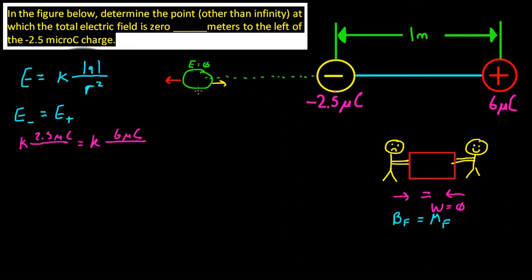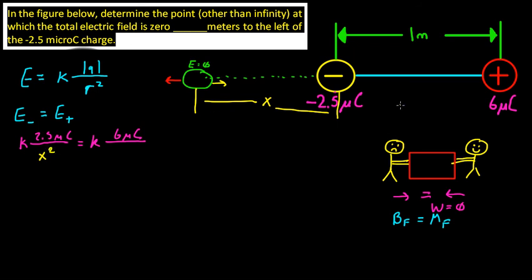Let's imagine this imaginary point, somewhere to the left of this 2.5 charge. We're going to call the distance x because we don't know what it is. So we're going to put x, and remember, because of this formula, it's going to be x squared.